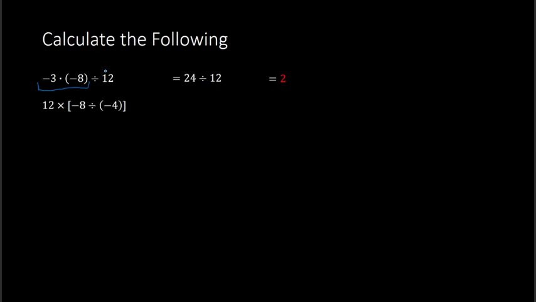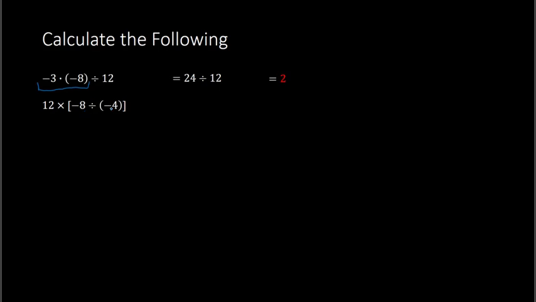Another example, we have 12 times, and then we have brackets, and then negative 8 divided by negative 4. So we typically begin within the parentheses or within the brackets. So let's begin with negative 8 divided by negative 4.